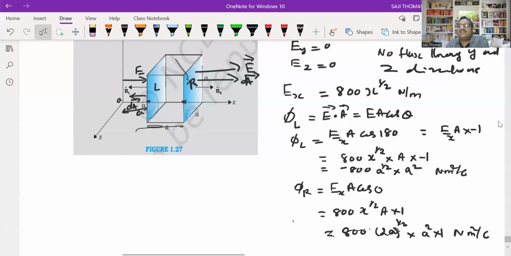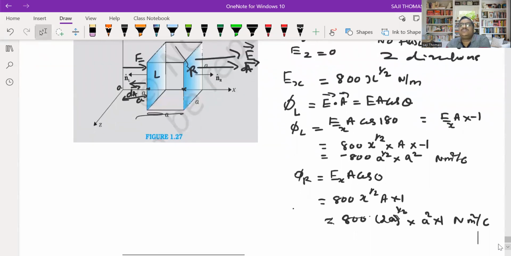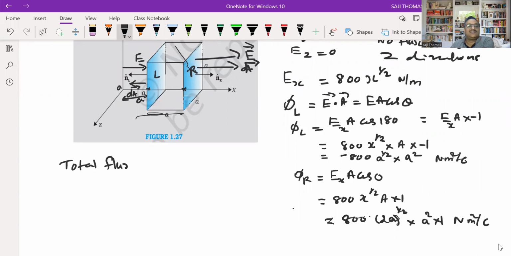So we found the flux through the left face and the flux through the right face. What will be the total flux? You just add them. Phi is equal to phi left plus phi right.